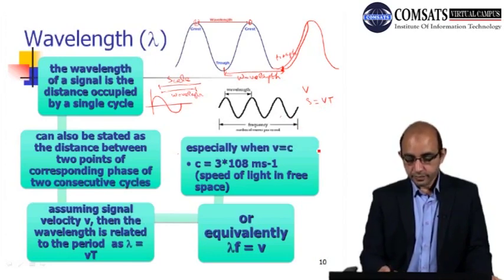If I replace, the wavelength, that is the distance between two waves, lambda, and here we have the signal velocity, so lambda is equal to Vt. But when we talk about electromagnetic radiations, they travel with almost the speed of light. So lambda is equal to Ct.